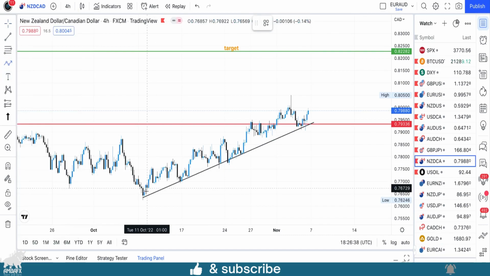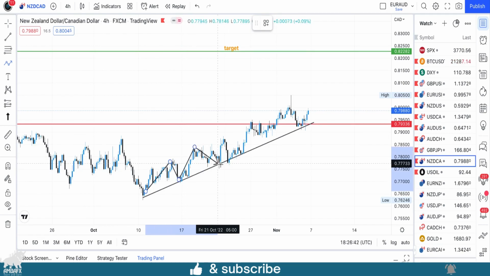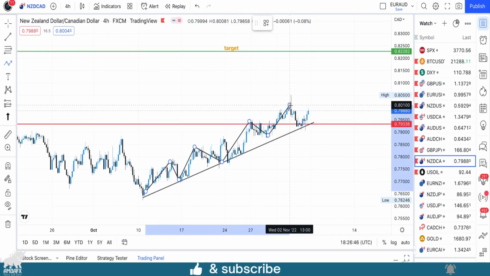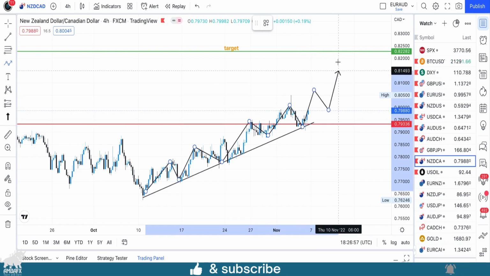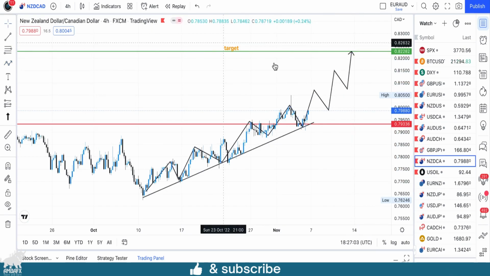As you can see, we have higher high, higher low, higher high, higher low, higher high, higher low. Then we have a higher high, then we have a higher low. So this one will see a break of this particular level here, then we'll see a move to the downside, then another higher high, then a higher low towards this particular target.